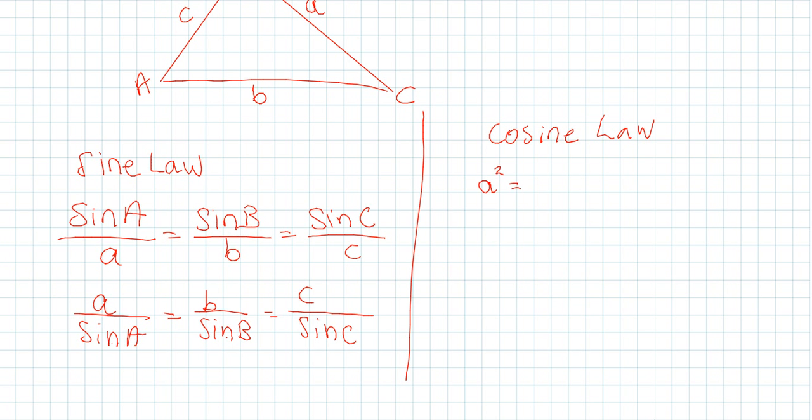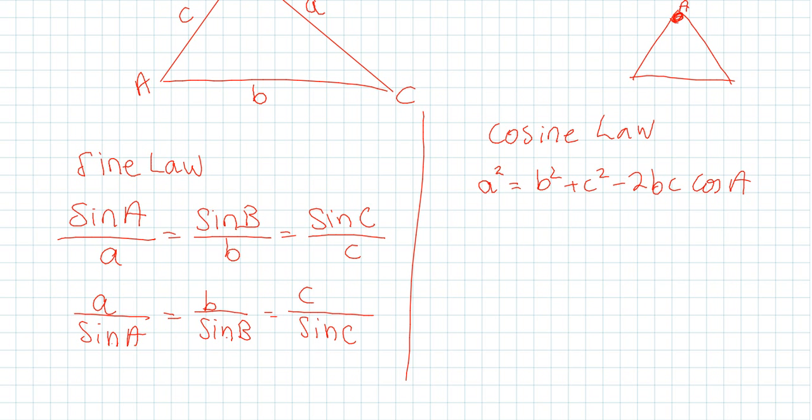Cosine law can be used if you know two sides and the angle between them. If you are given this and these two sides, then you can use cosine law. So it must be the two sides and the contained angle. Otherwise, you can't use cosine law.